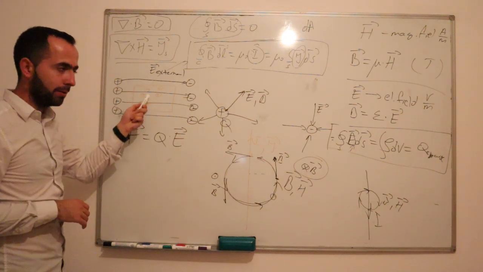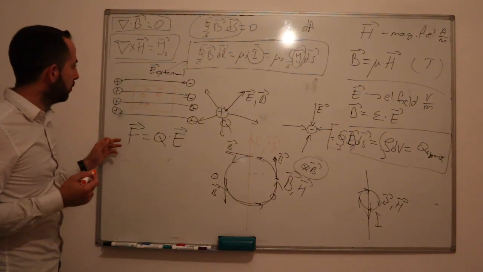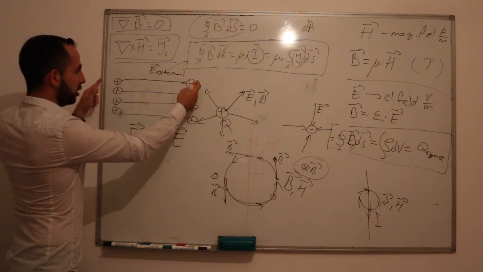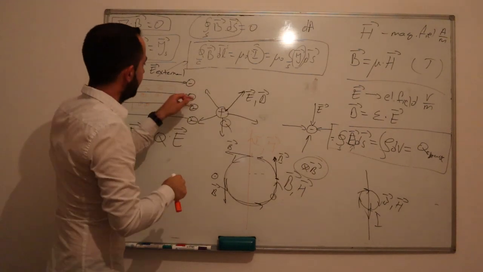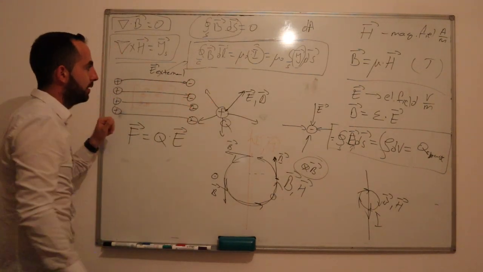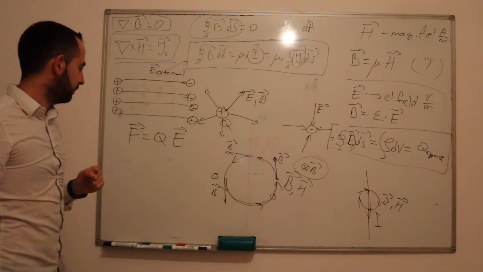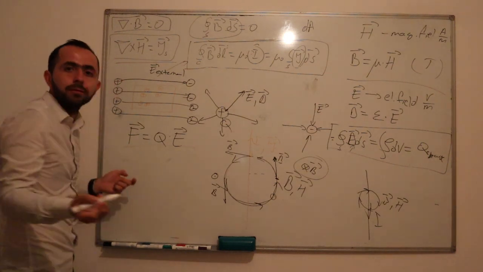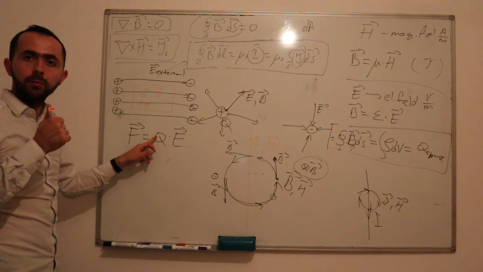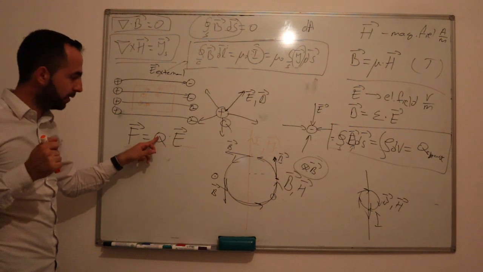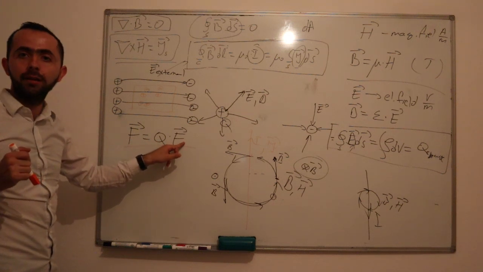How will this move these charges? What will be the direction? Here, for the direction of the electric field, the source is positive and the sink is negative. It starts from the positive and ends at the negative charges. This is the direction of our electrical field. We have an equation here, and we will follow it. It says if a charge Q is positive, the force will have the same direction as our electrical field.